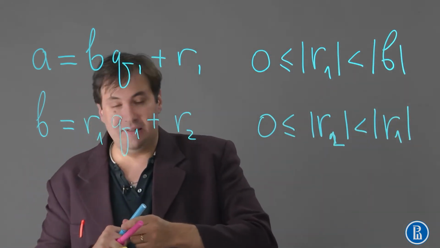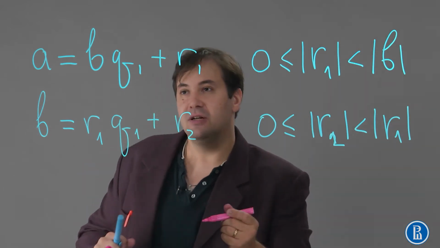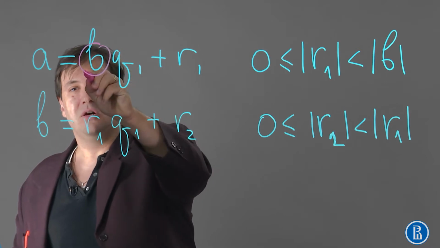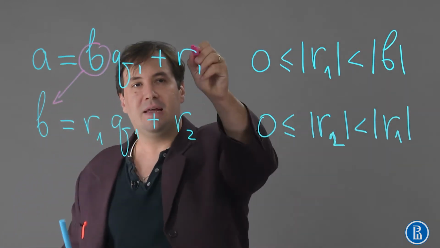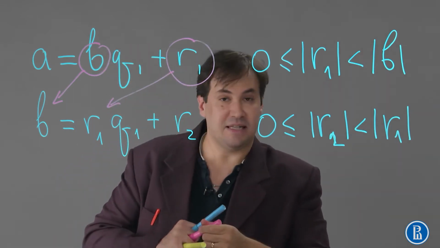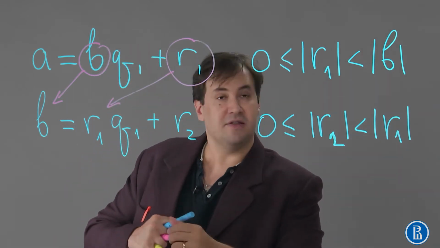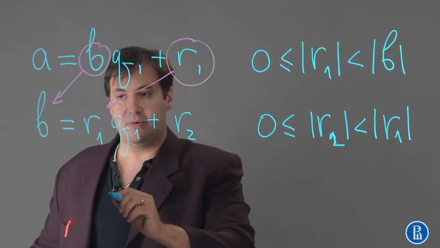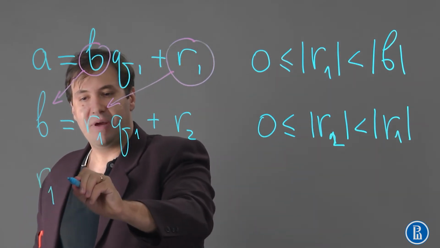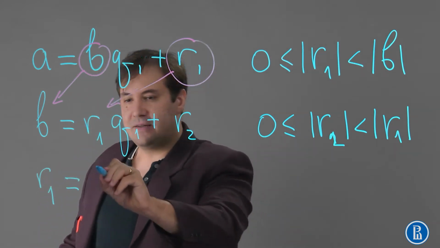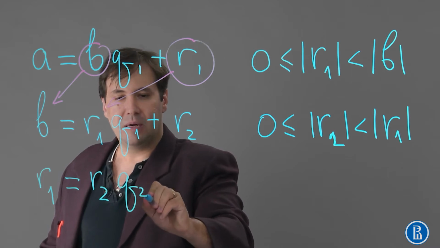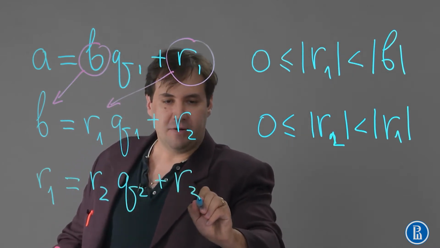So let's pay attention to the movement of these variables. B goes here and R1 goes here. What comes next? The third step of the Euclidean algorithm is to take the first remainder and divide it by the second remainder, obtaining the third remainder.